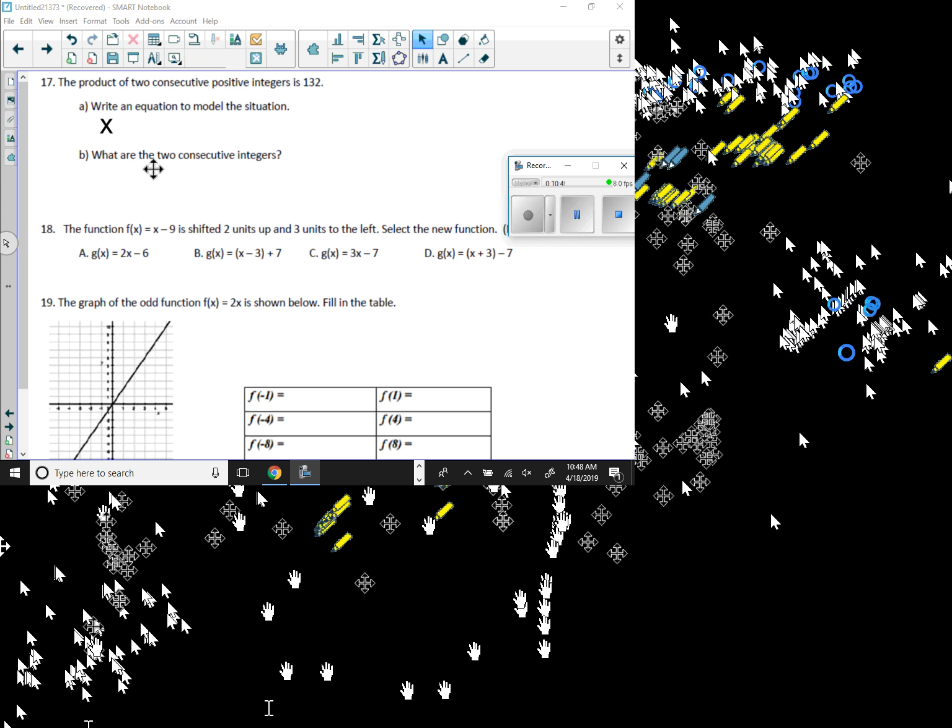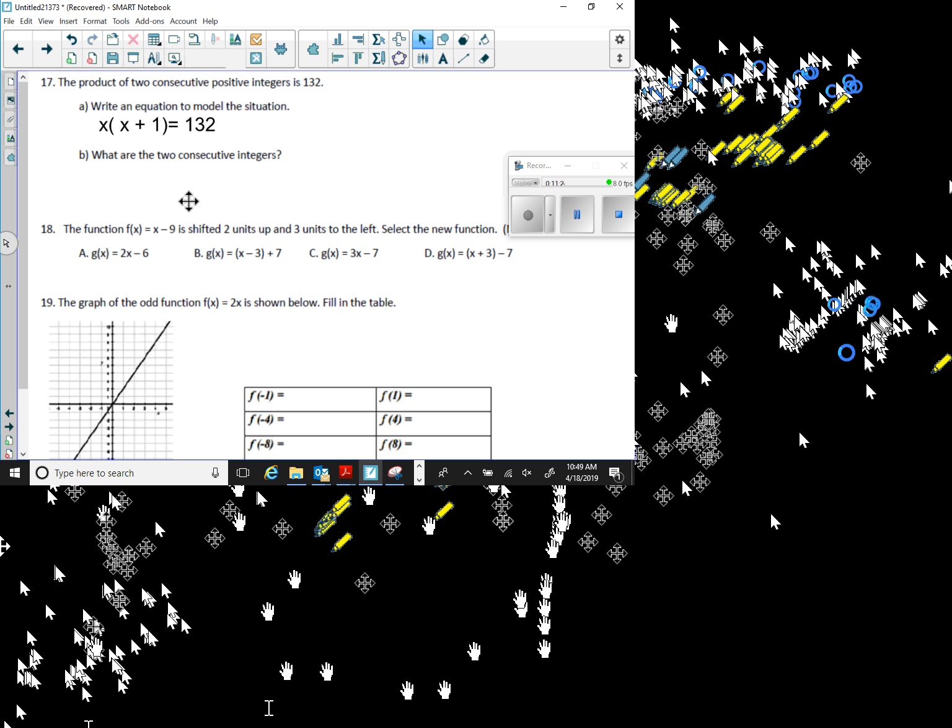All right, so look at number 17. It says the product of two consecutive positive integers is 132. Anytime you see consecutive, you need to think about x, x plus 1, x plus 2, x plus 3. So if we had x times x plus 1, that would equal 132. x times x plus 1 equals 132.